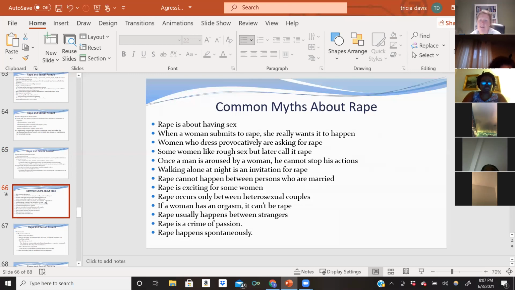Rape is exciting for some women. Rape occurs only between heterosexual couples. That's not true. We see it across the board. If a woman has an orgasm, it can't be rape. Rape usually happens between strangers. More often than not, that is not the case. Rape is a crime of passion, and rape happens spontaneously.